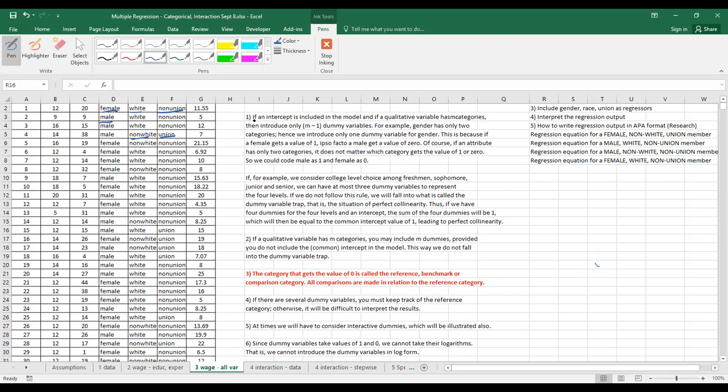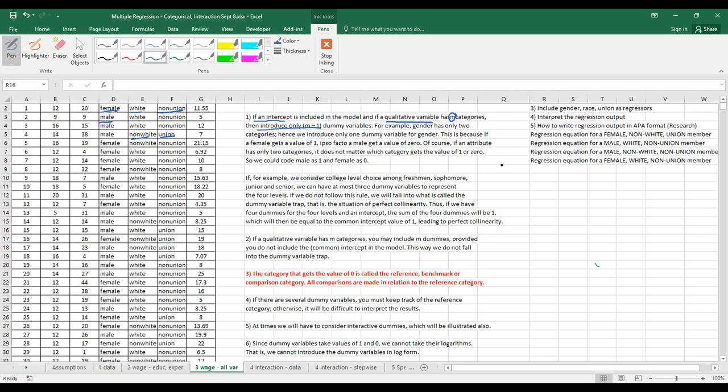Okay, so sabi dito, pag isasama natin yung intercept sa model natin, and if a qualitative variable has m categories, then we need to only introduce m-1 dummy variables. Ibig sabihin guys, pag magsasama tayo ng categorical variables, kailangan natin i-convert siya into dummy variables.